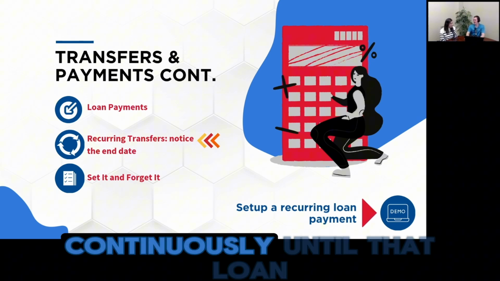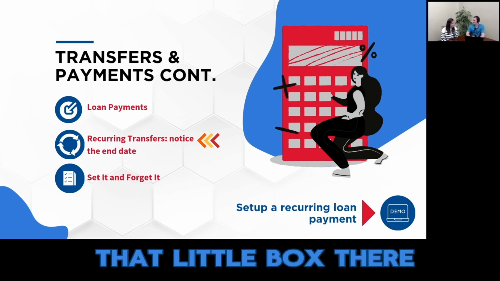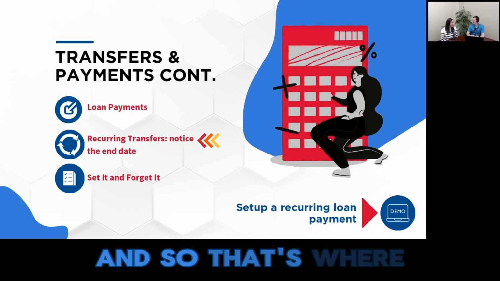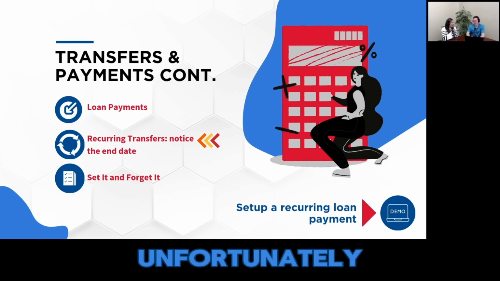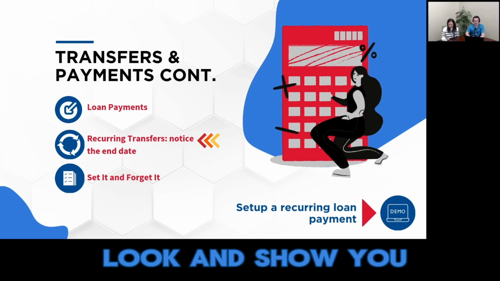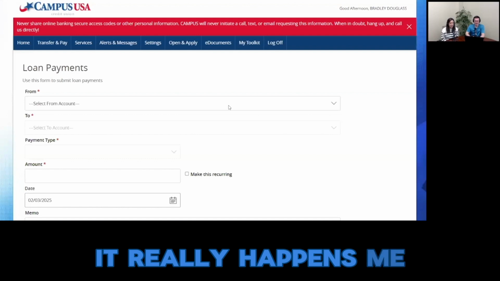Gotcha. It will go continuously until that loan is paid off. Right. If you don't check that little box there, that's going to set it to end after a certain number of months. And so that's where we typically see members saying, I'm never late on my loan. What happened? Unfortunately, it's just such a simple thing to overlook. It is. We will take a look and show you how to make sure this doesn't happen to you. It's happened to everyone. It's happened to me. Me too.